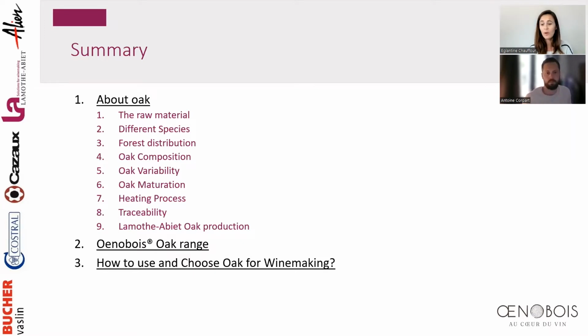We can really focus and target a wine profile that is repeatable and controlled, and also make trials. So there are many advantages. We are not going to go through this today, but I'm very happy to talk about it with you another time. So, Antoine, I'm going to let you take the presentation and share all you know about oak with everyone.